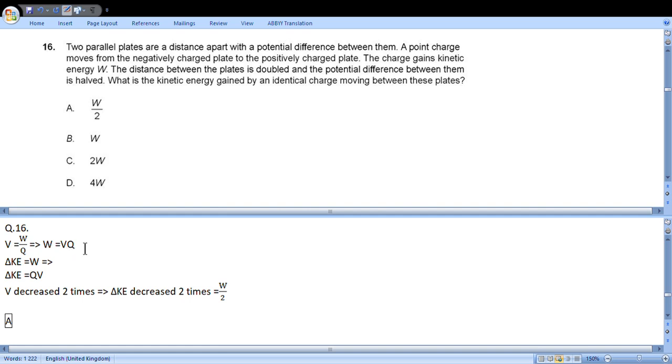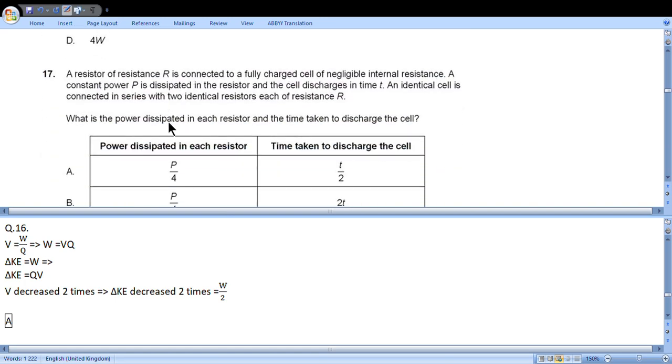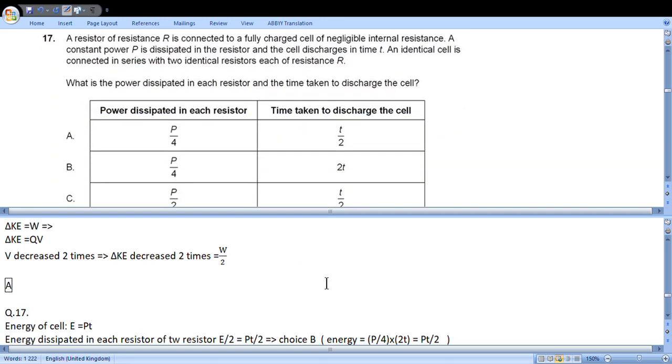There is no distance here. If we increase voltage 2 times, kinetic energy increases 2 times; if we decrease voltage 2 times, kinetic energy decreases 2 times. Distance doubled, potential difference halved. So potential difference is decreased 2 times, kinetic energy decreased 2 times, and the answer is W over 2. Question 17.